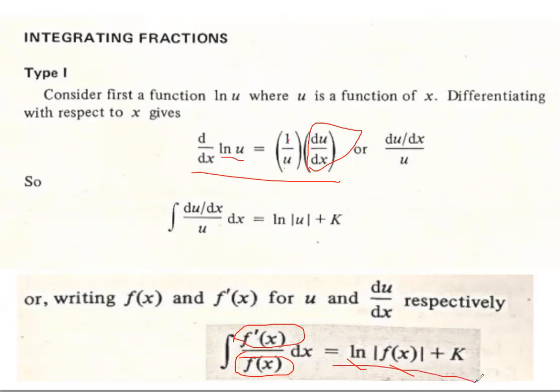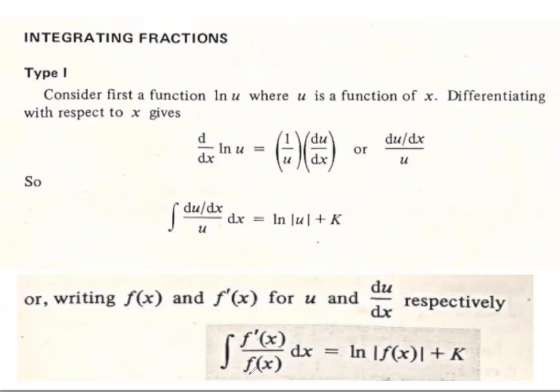Again, what might happen here is that the numerator might not be the exact derivative of the bottom. You might have a multiple or a fraction of the derivative of the denominator. And then by just sticking a fraction in front, you'll be able to integrate a number of them. Right?